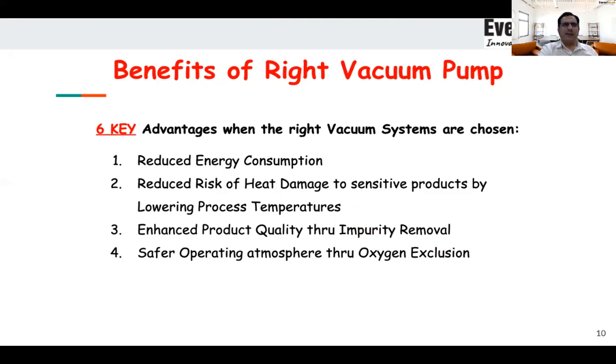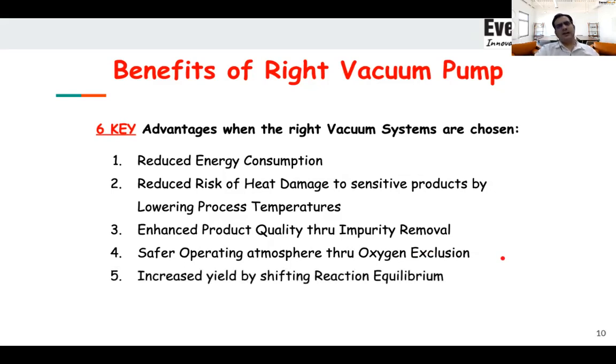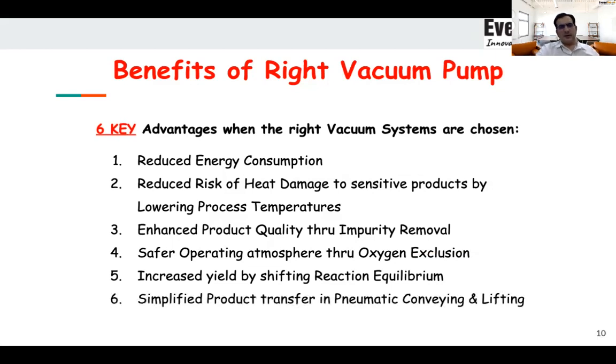Now, in many applications, many reactions, oxygen creates havoc. Product oxidizes. So there they want removal of oxygen so that no oxidation can take place. Fifth, increased yield by shifting reaction equilibrium. And the sixth point, simplified product transfer in pneumatic conveying and lifting. So these are the 6 key advantages why vacuum systems are chosen.